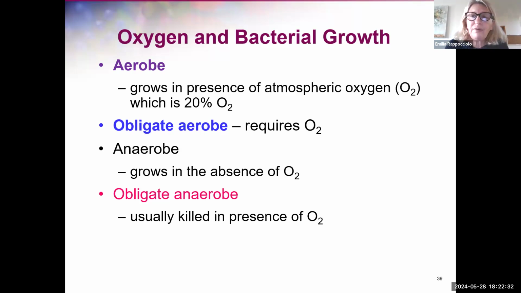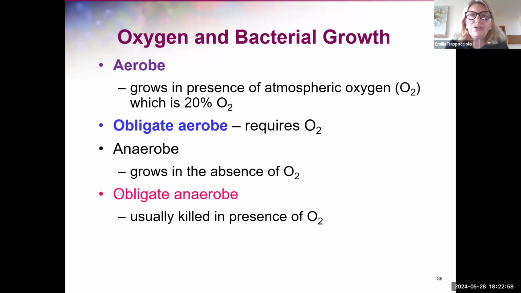Now, some of them are obligate anaerobes, which cannot tolerate oxygen. If oxygen is there, they get killed. So they must be in environments that have zero oxygen. This is because they don't have the enzymes necessary for removing reactive oxygen species.